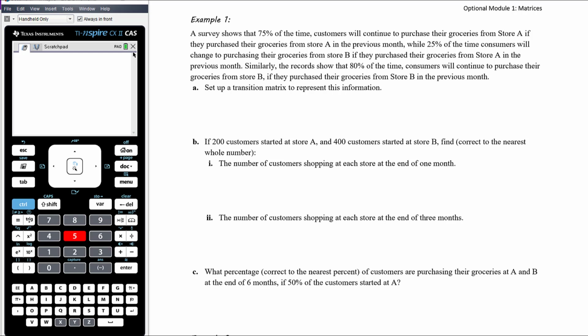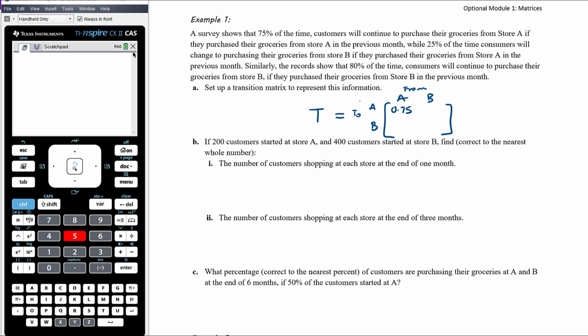Okay, so our transition matrix, and remember it's always from store A and B and to store A and B in our matrix. Okay, so 75% of the time, customers will continue to purchase from A if they previously purchased from A. That's from A to A is still 75%, so 0.75 goes there.